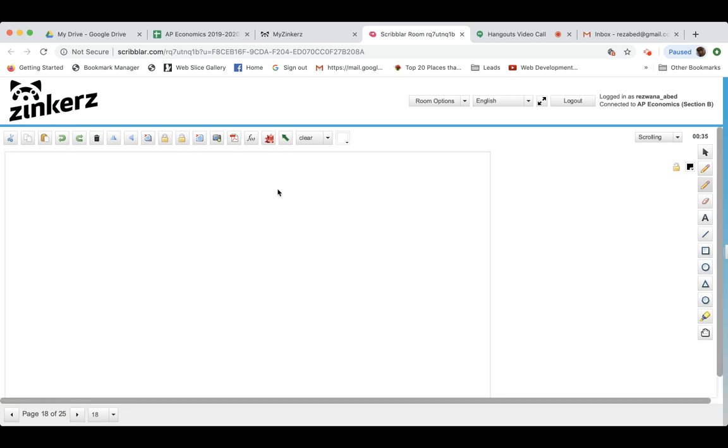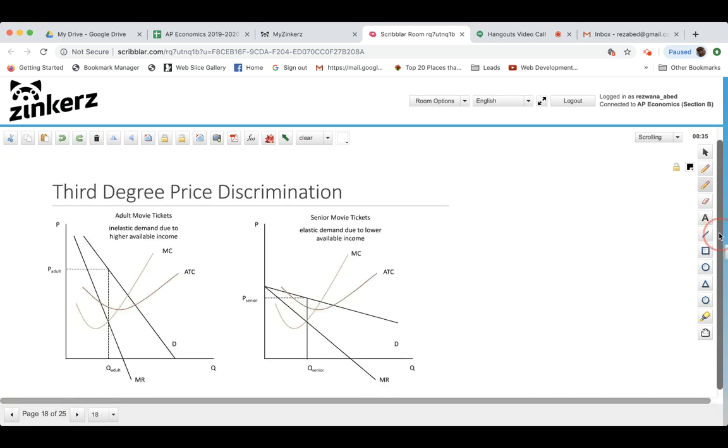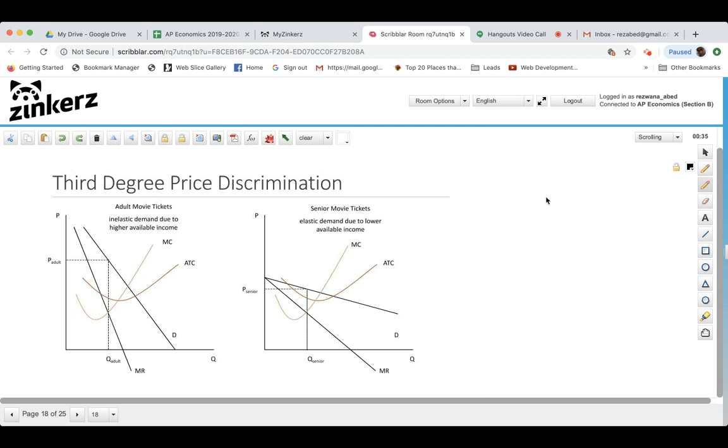So let's take a look at an example of third degree price discrimination, which is when you charge different prices to different groups of consumers based on their elasticities of demand. So remember when we talked about elasticity, we looked at price elasticity of demand, and what happens when your demand curve is very flat.